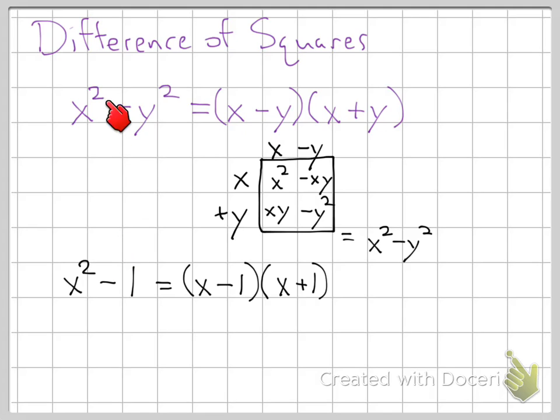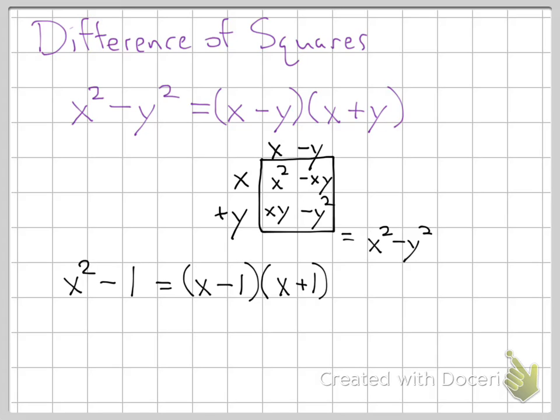It's not that we have two x minus y's. One term is going to be subtraction, one's going to be addition. And the reason is it gets these to be opposite. So I have x squared minus 1, make one subtraction, one addition.